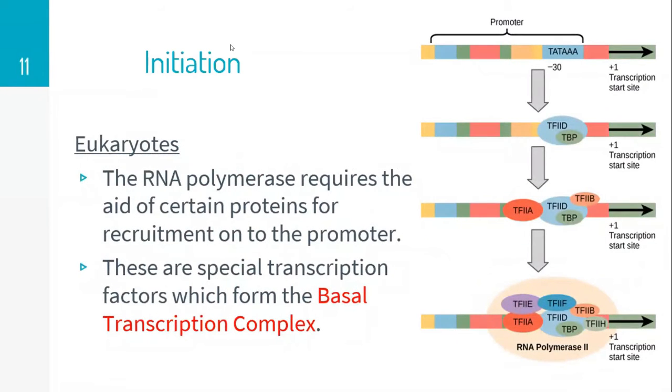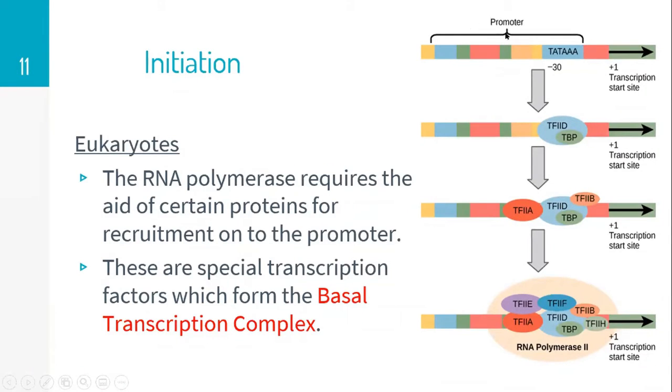Okay, so in eukaryotes, the RNA polymerase requires the aid of several proteins for recruitment on the promoter. And these are special transcription factors which form the basal transcription complex. So this is what we're essentially getting at.